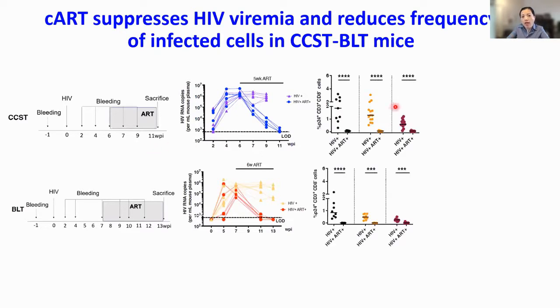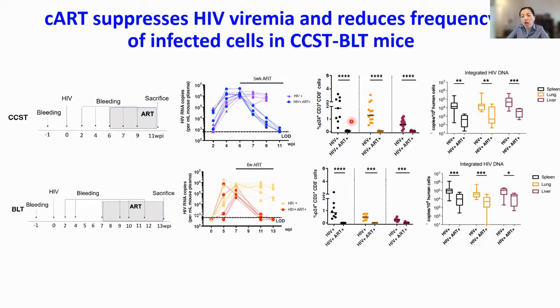We also see a complete reduction of P24 positive T cells in the tissue of mice that were treated with antiretroviral therapy. And importantly, we also see a significant decrease in the frequency of cells that harbor the integrated HIV DNA genome.